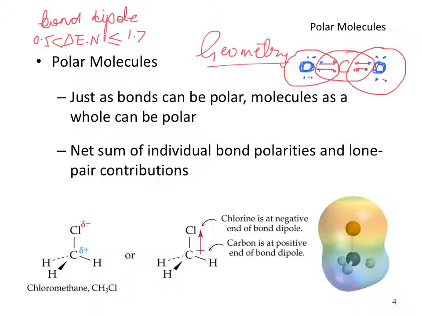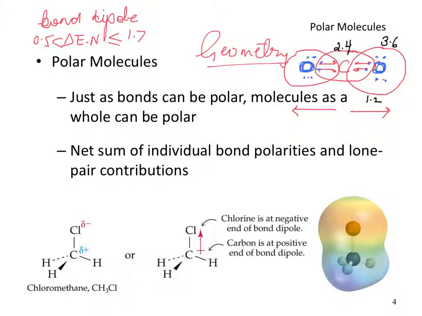Now, on the Pauling scale, the value for electronegativity of oxygen is 3.5 to 3.6, and carbon is 2.4. So the difference between the two is 1.2. So yes, most definitely, this oxygen is going to pull the electron density towards itself, but so would the other oxygen, and by the same amount.